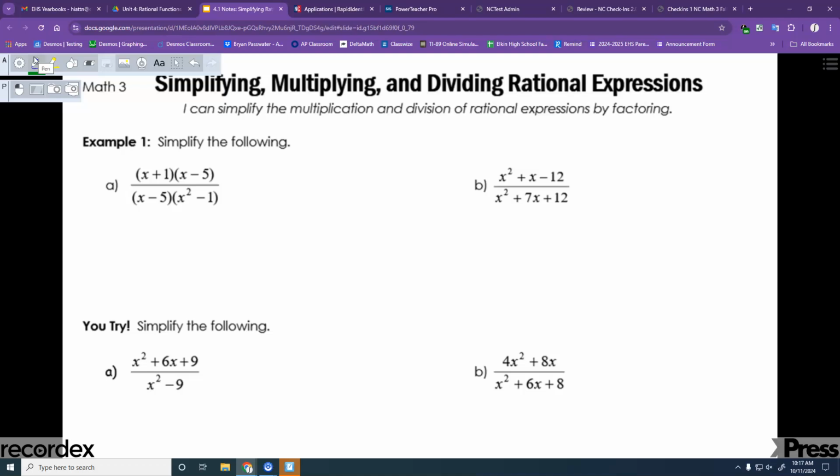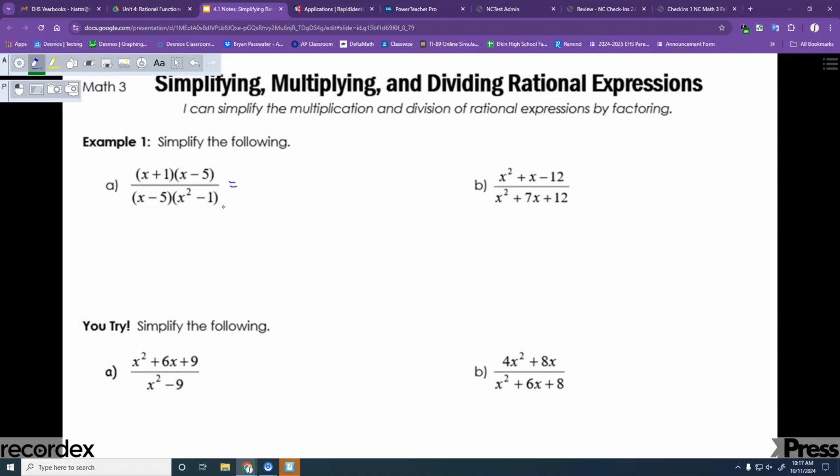So whenever we're doing these problems, we want to factor the numerator and denominator. The numerator is already factored here. The denominator is almost factored. But is there anything in the denominator that we could factor more? That x squared minus 1 can factor again. Right?